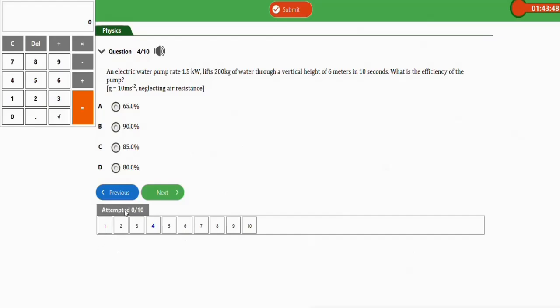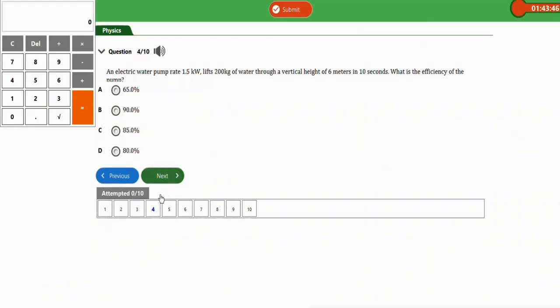Okay, so the next repeated question will be this question. It says an engine of a car of power 80 kilowatt moves on a rough road with a velocity of 32 meters per second. The force applied to bring it to rest is, alright, so in this question, remember the formula for power can also be power equals force times velocity.